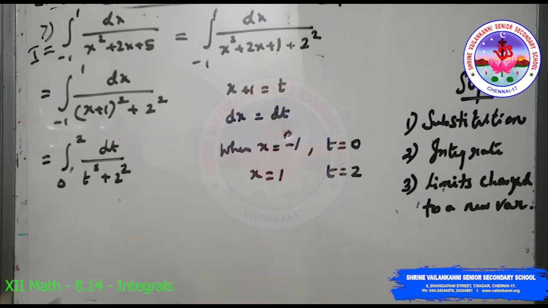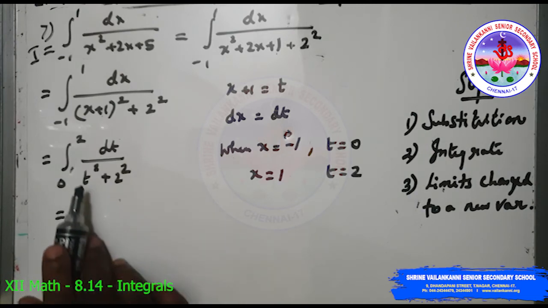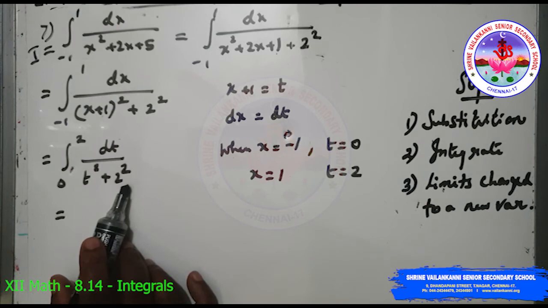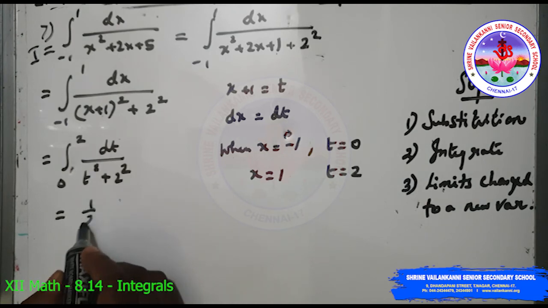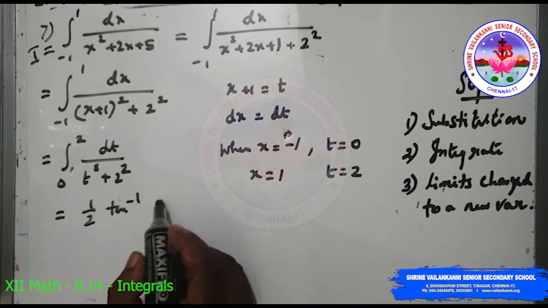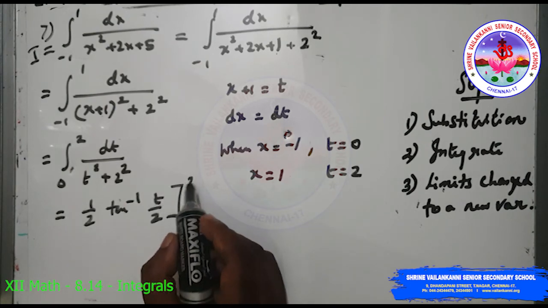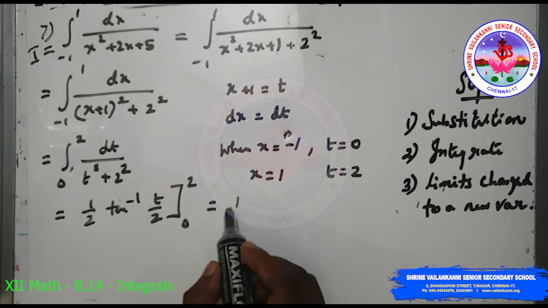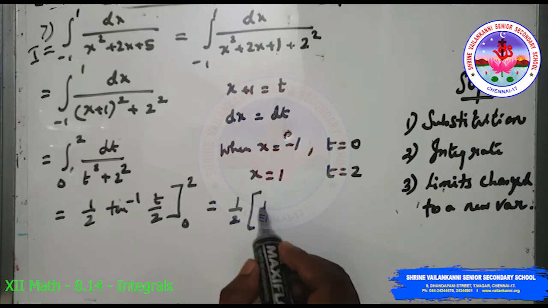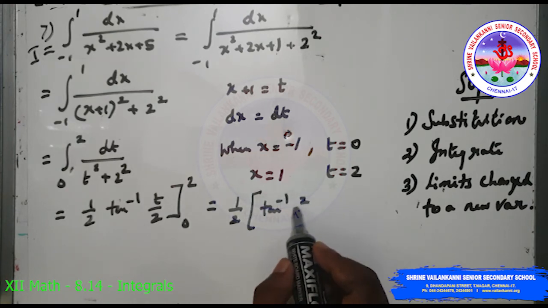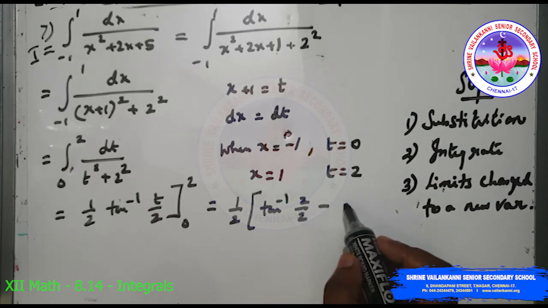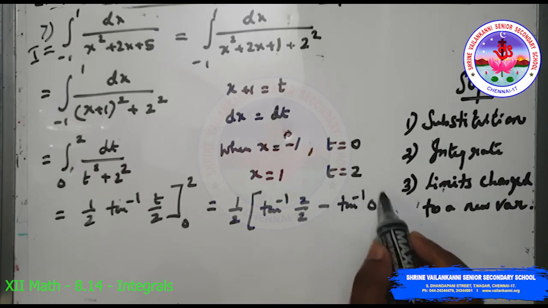So using integrals of the type t square plus a square, which is 1 by 2 tan inverse of t by 2, and the limit is 0 to 2. Upper limit minus lower limit: half of tan inverse of 2 by 2 minus tan inverse of 0.